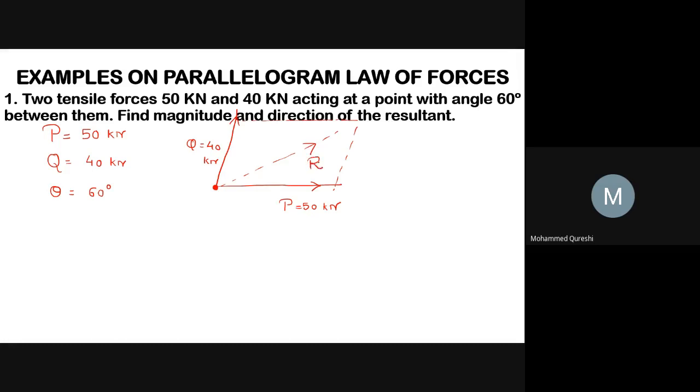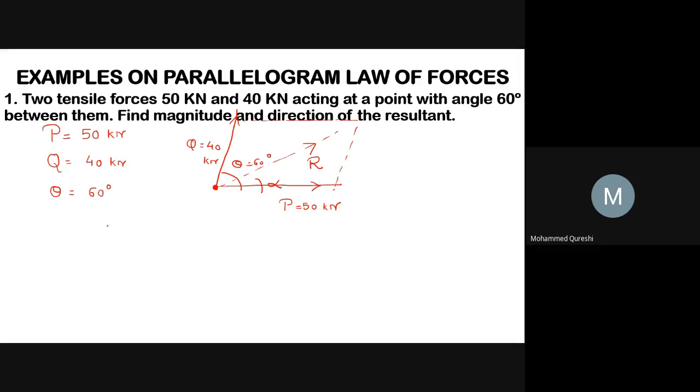So here we can write capital R, and the angle between both the forces is 60 degree, and we have to find the value of alpha as the direction of the resultant.